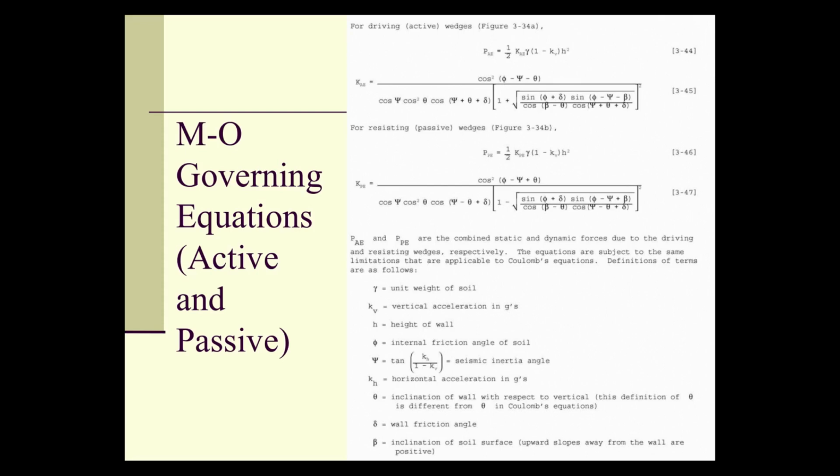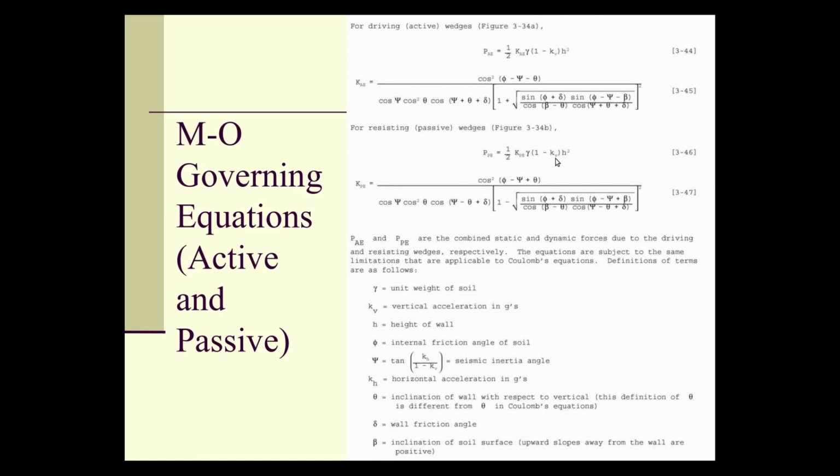And of course, we also pick up the two effects of that: the vertical acceleration in G's that we anticipate, and the horizontal acceleration in G's, which are KV and KH. And KV also makes a reappearance in the forces. You'll see KV there and KV there. So keep that in mind.